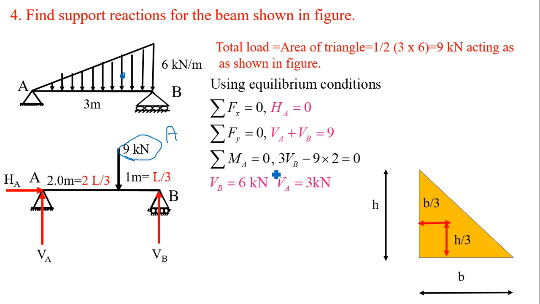Then summation of moment is 0, so 9 into perpendicular distance 2 meter, nature of moment is clockwise, so minus 9 into 2, and VB perpendicular distance is 3 meter, nature of moment is anti-clockwise, so positive 3 into VB. Now solving this, VB is 6 kilonewton and VA equals 3 kilonewton.